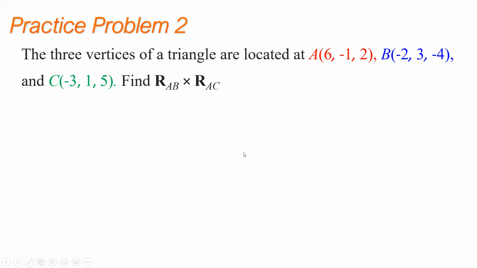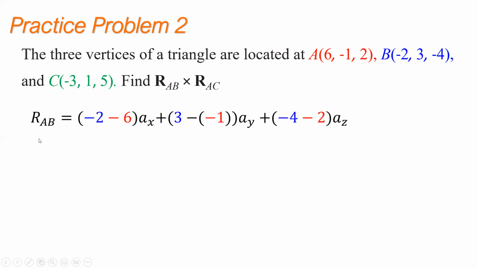So, practice problem number 2 for cross product. The three vertices of a triangle are located at A (6, -1, 2), B (-2, 3, -4), and C (-3, 1, 5). So, find vector AB cross vector AC. Again, ginawa natin color-coded para mas mabilis nating mapansin agad.